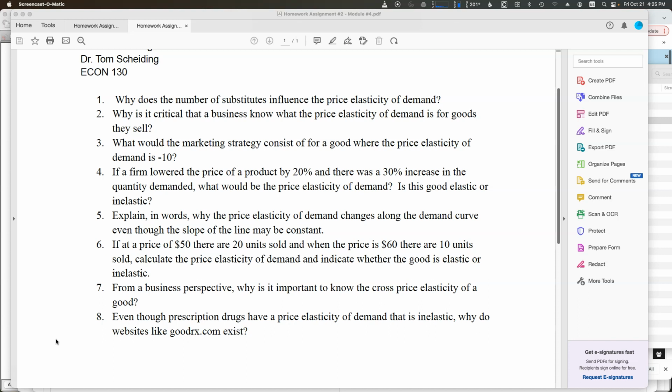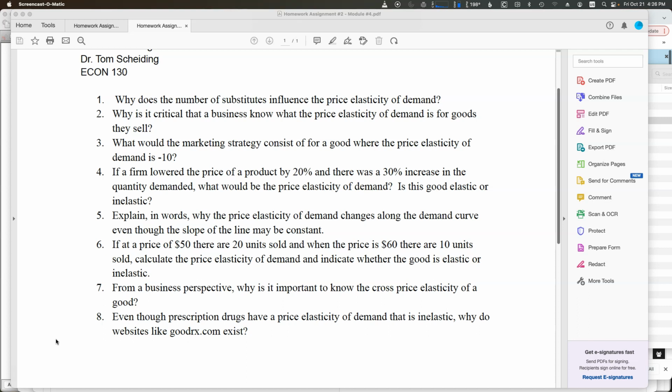Yeah, these things exist, but they're not very useful. So the reason why gasoline, for instance, is inelastic is because there's not a lot of alternatives that are useful for transportation other than gasoline.